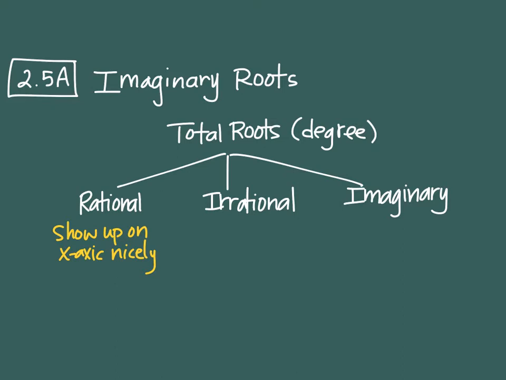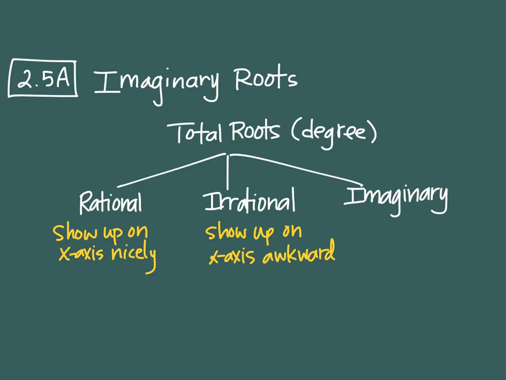Irrational, they do show up on the x-axis, but they're not nice. All right, so they show up on the x-axis in an awkward way because they cross at an awkward number, 1.74239. I mean, they do cross, but it is not very nice.